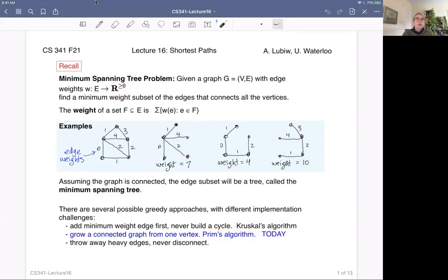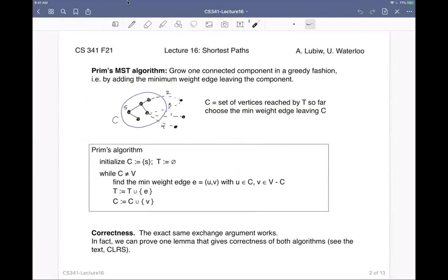Okay, so here is what Prim's algorithm does. We grow one connected component in a greedy fashion. So it's an alternative greedy algorithm, rather different from Kruskal's. The general structure is that I start at some arbitrary vertex S, and I grow a connected component that includes S. At a general point in time, C will be the set of vertices that I've reached so far.